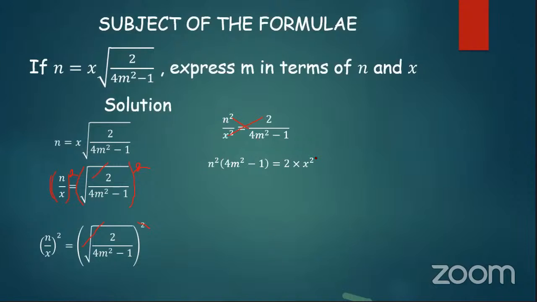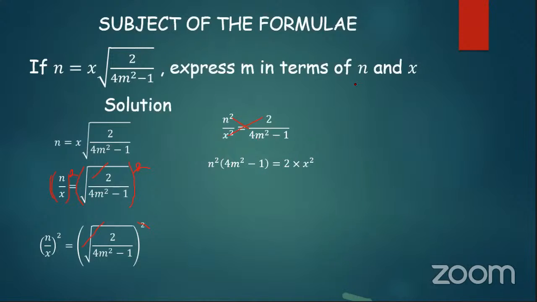Okay, what do we do next? We open brackets. So when we open brackets, we shall have n squared times 4m squared, and then n squared times 1.